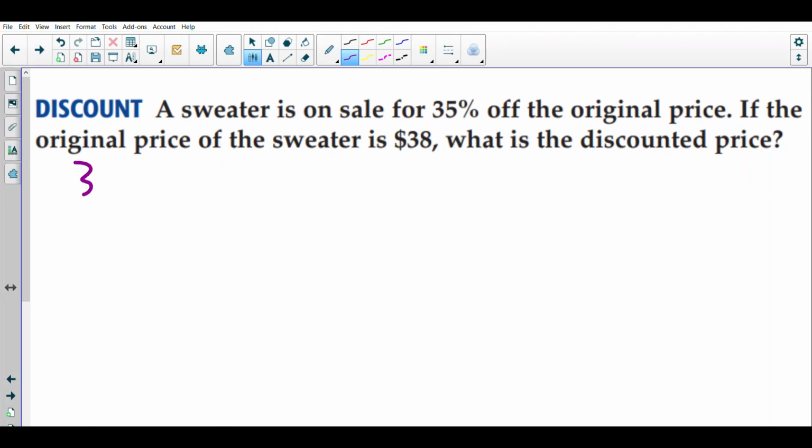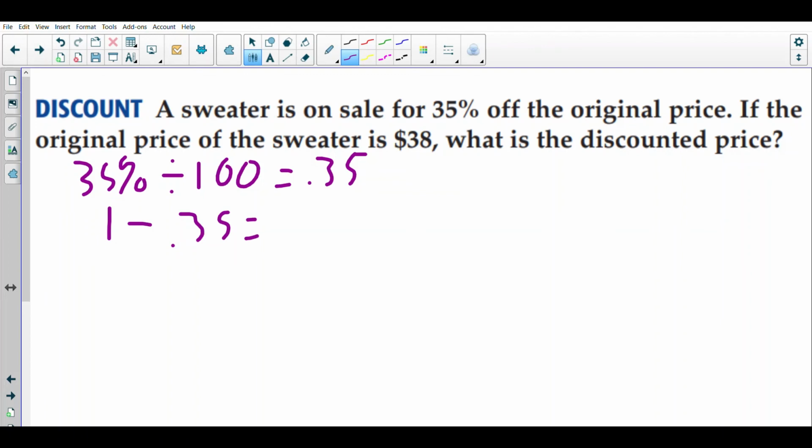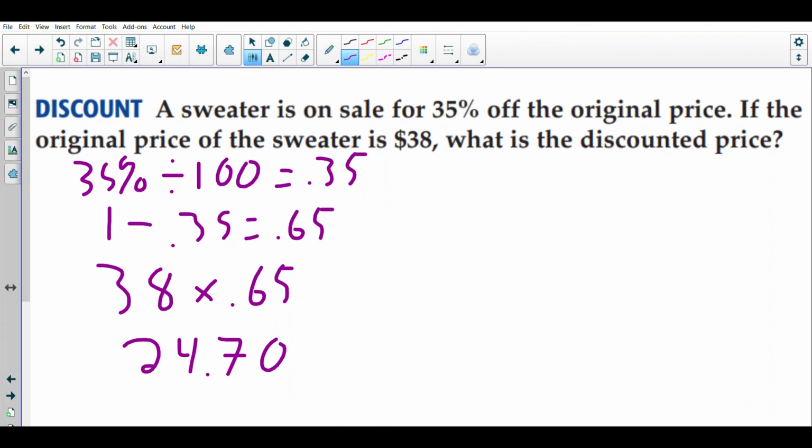Once again, 35% divided by 100 gives us 0.35. 1 minus 0.35 is equal to 0.65. So 38 times 0.65, I'm going to grab my calculator, gives us 24.7, or $24.70. So that's one method.